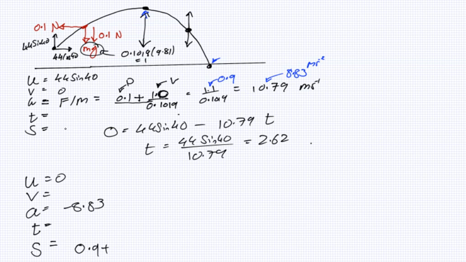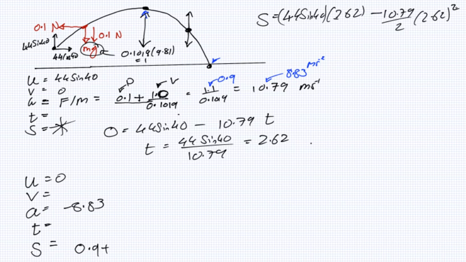So let's work out the previous S. We can go with UT plus a half A T squared.